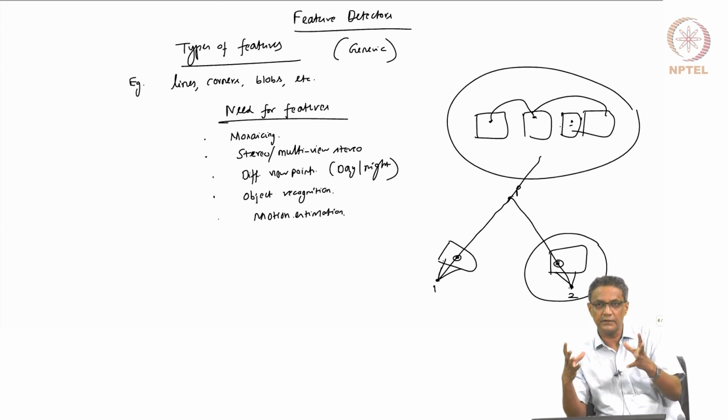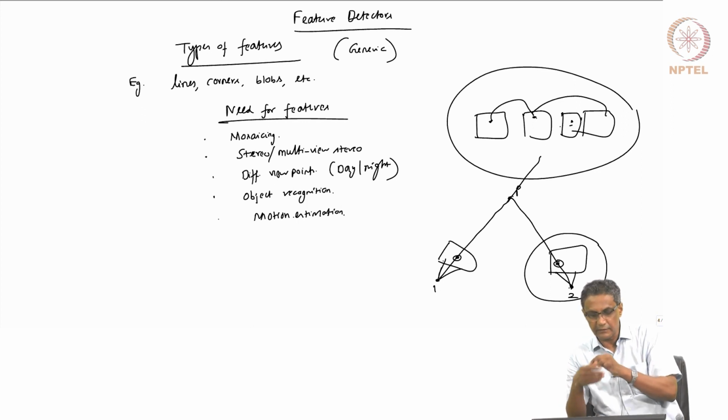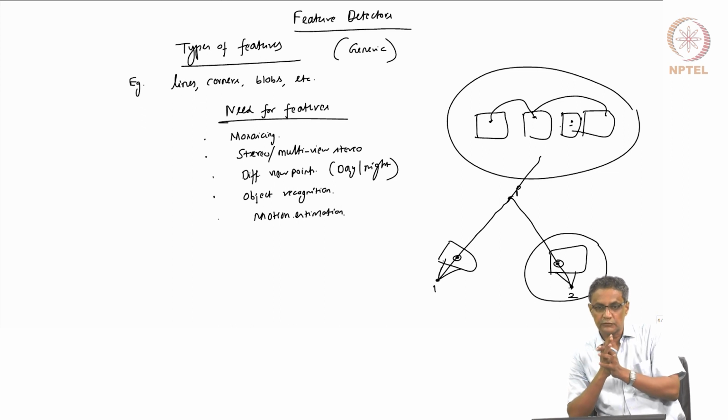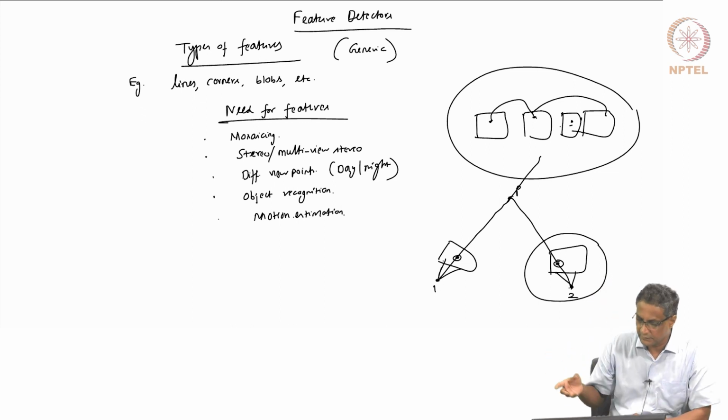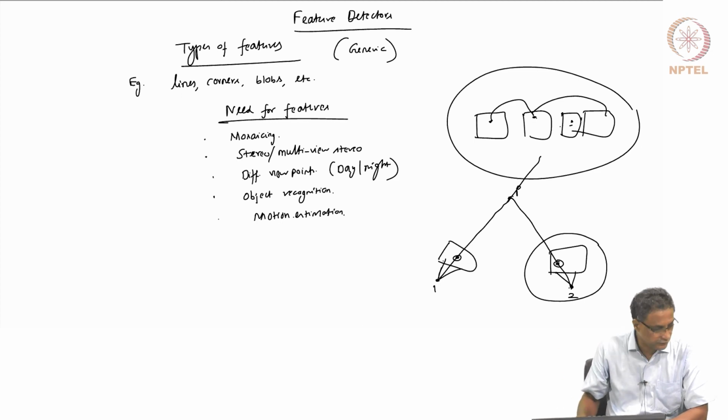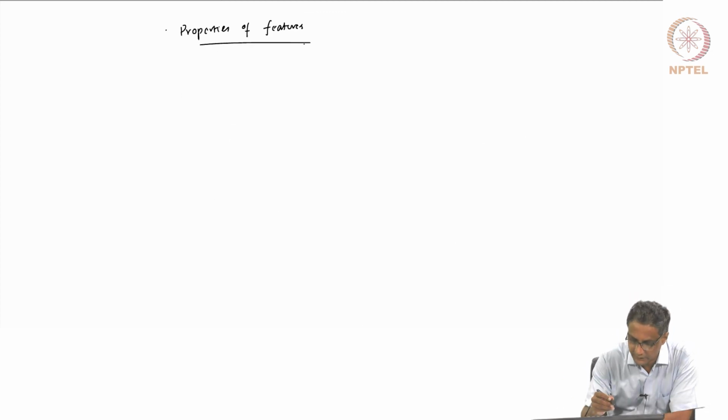The moment you put a video, there are features that make use of constraints like that, where you impose constraints of the kind that I just mentioned. That means the motion would be slow across frames, and the illumination would not have changed so much, and so on.